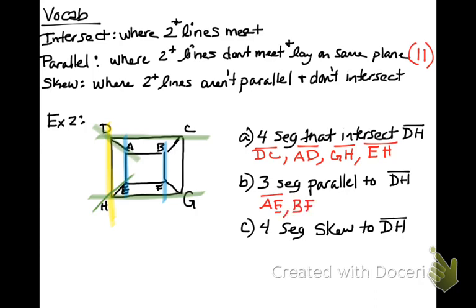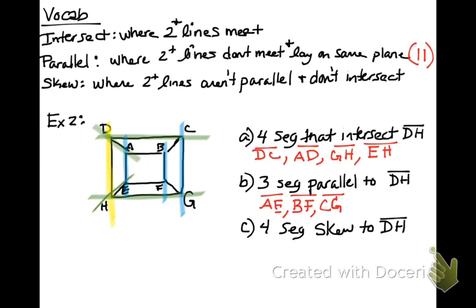And CG. Notice they're all going the same direction and they cannot intersect.